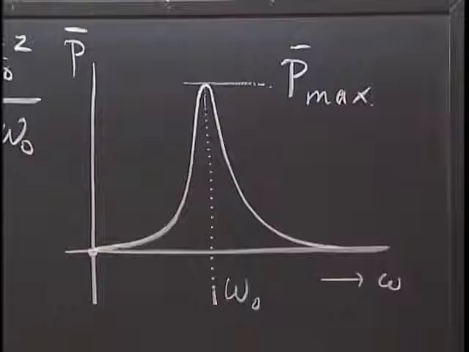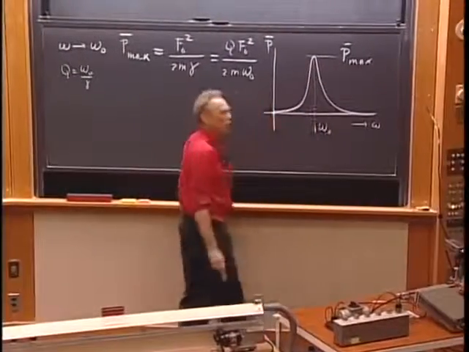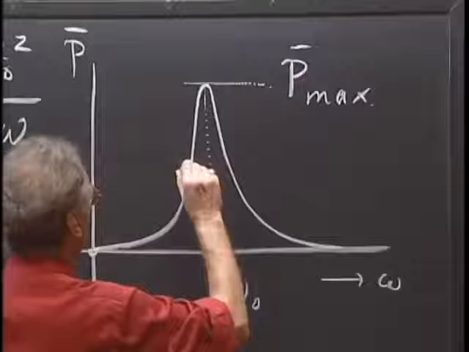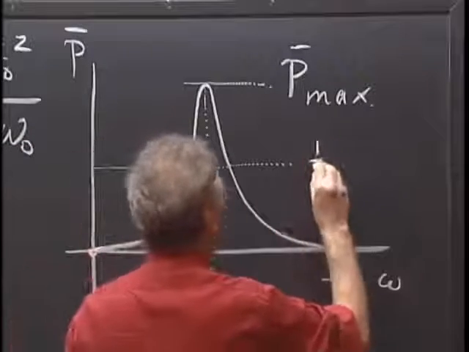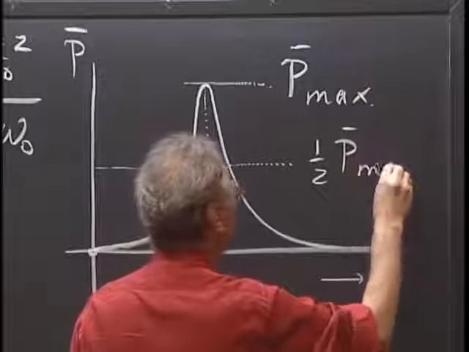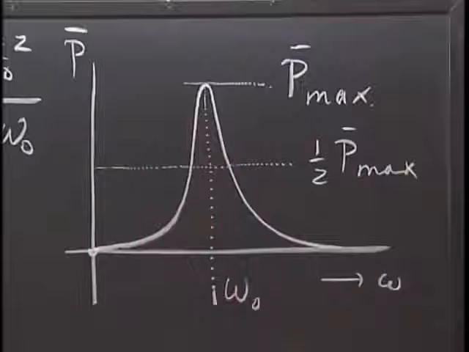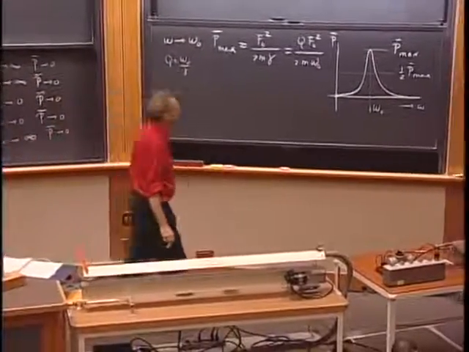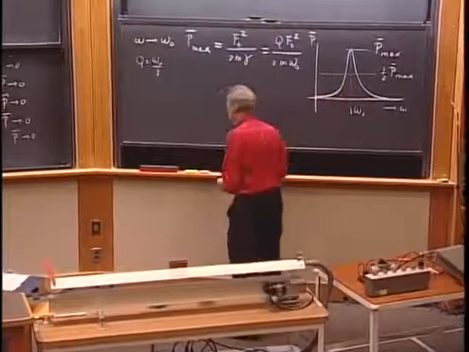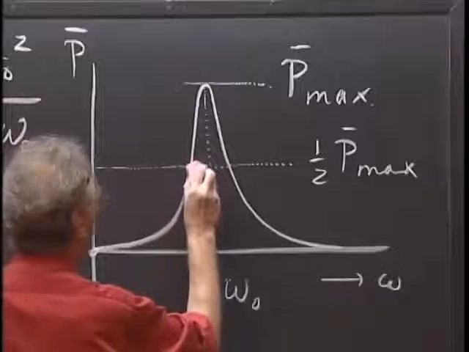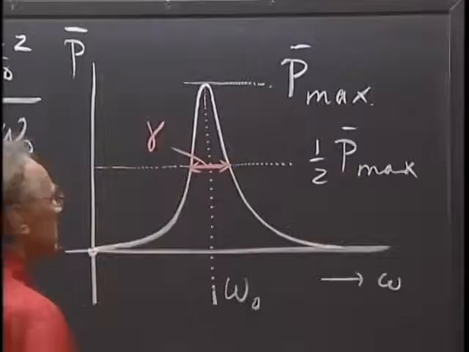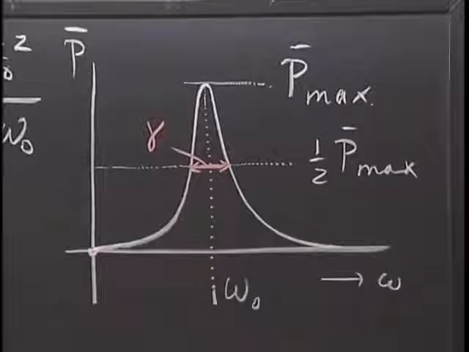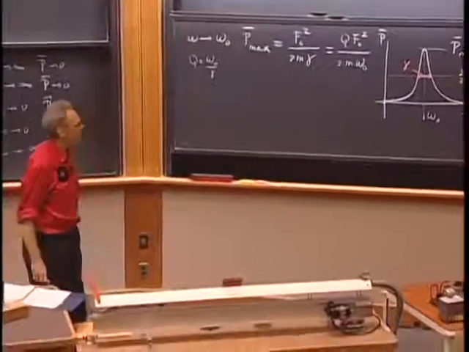If we look at the width of this curve at half maximum of the power, so this is 1/2 times P maximum, then you can show, and it is not so difficult algebraically, but I will not attempt it, that the width at half maximum is very close to gamma. Remember, gamma and omega have the same units, one divided by second.